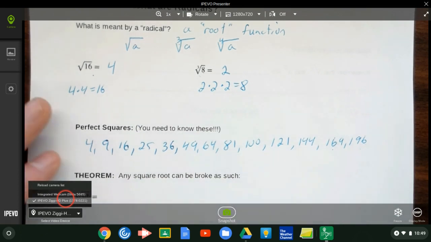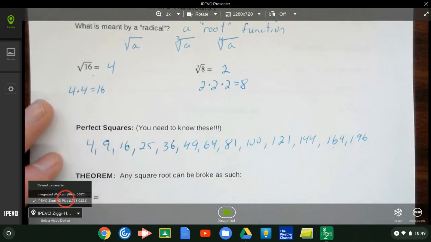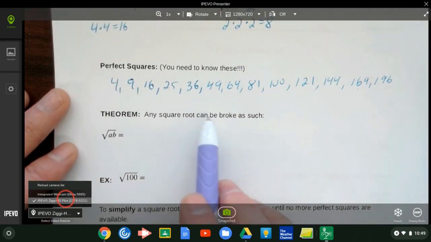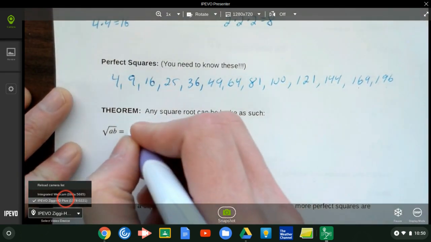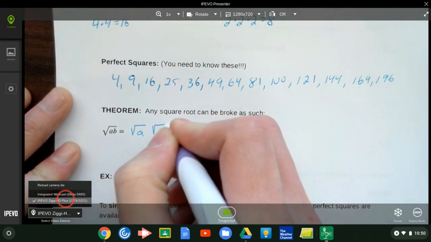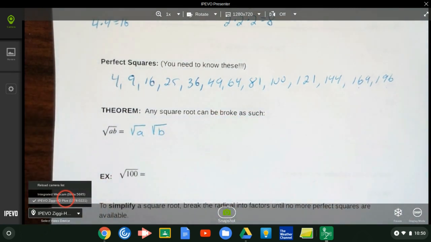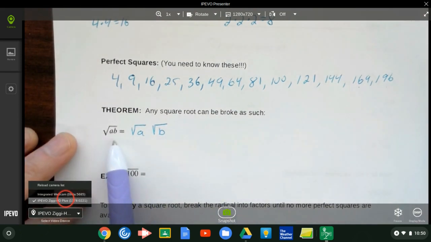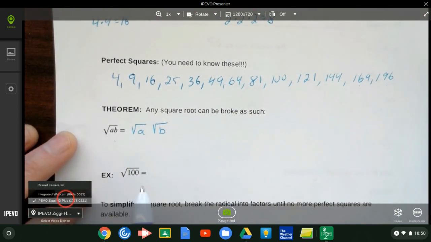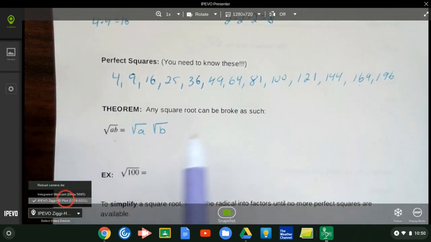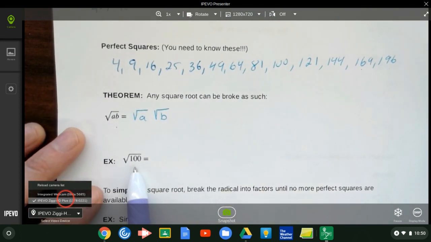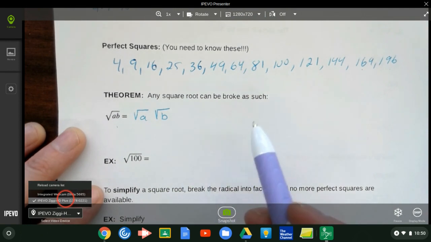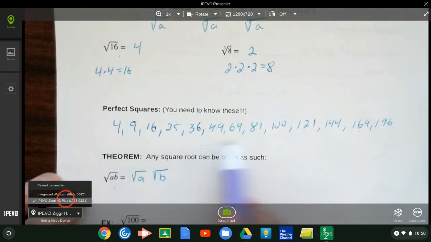Okay, something you did last year. Any root, if it's the square root of a times b, can be written as the square root of a times the square root of b. That's just the way we can write any kind of product in a root, whether it's square roots or cube roots, it doesn't matter. For example, we know the square root of 100 is 10, but let's say you didn't remember this list of numbers.